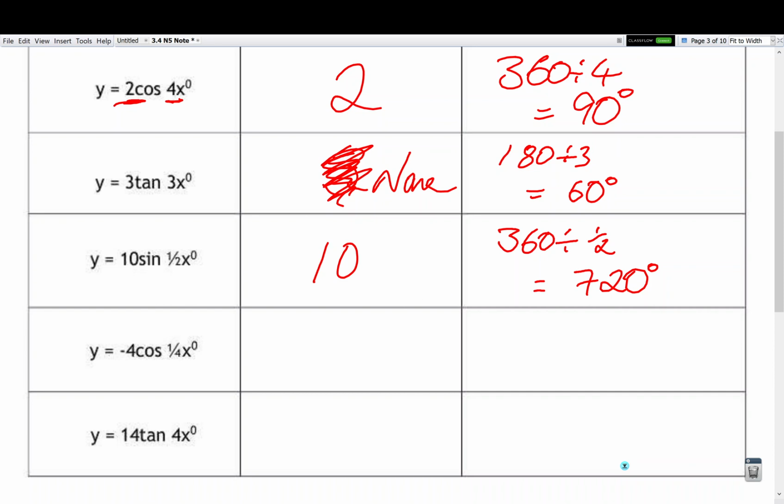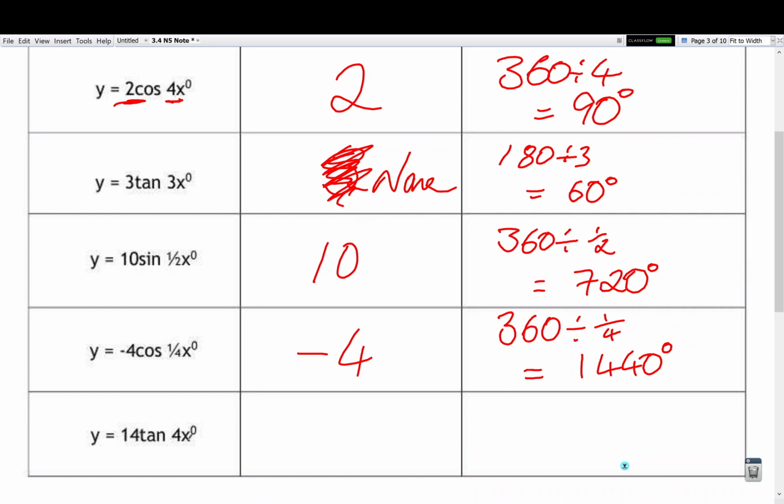Minus 4 cos a quarter x, amplitude is minus 4, means it would go down first if you were drawing it out. And the period of this graph would be 360 divided by a quarter, similarly to the last one. That's the same as 360 times by 4, or 720 times by 2. So one full wave would be every 1440 degrees. So there's only a quarter of a wave in 360.